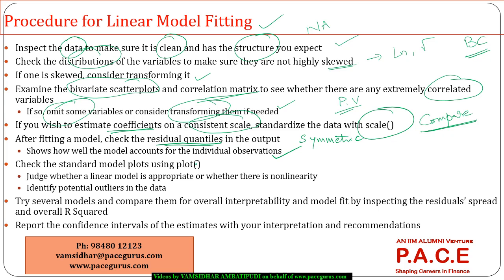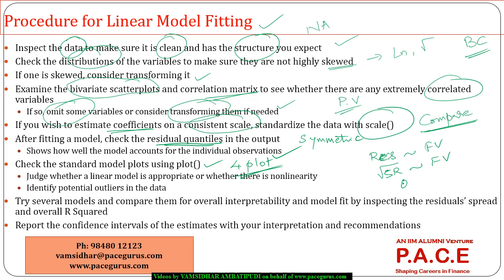Otherwise, look out for standard model plots. We talked about the 4 plots, which are generally plotted for any kind of regression model. The residuals are plotted against the fitted values. The square root of the standardized residuals is plotted against the fitted values.